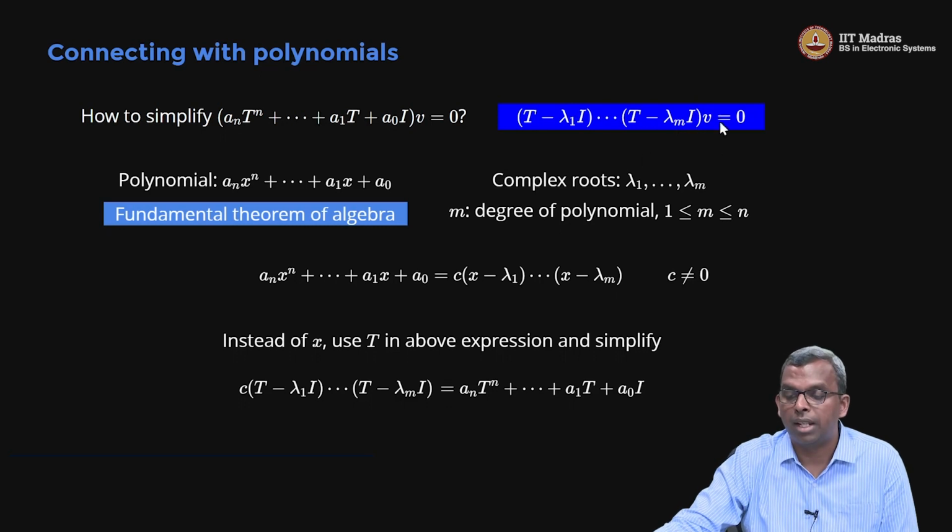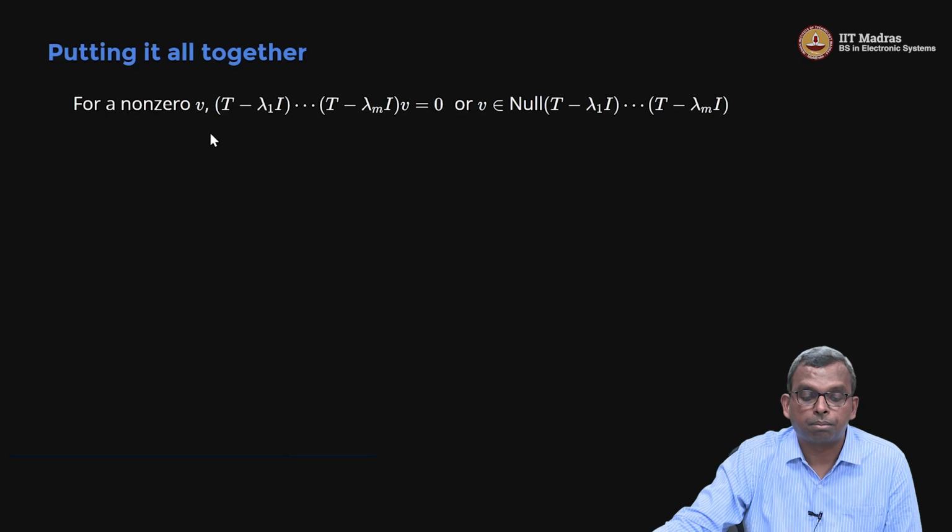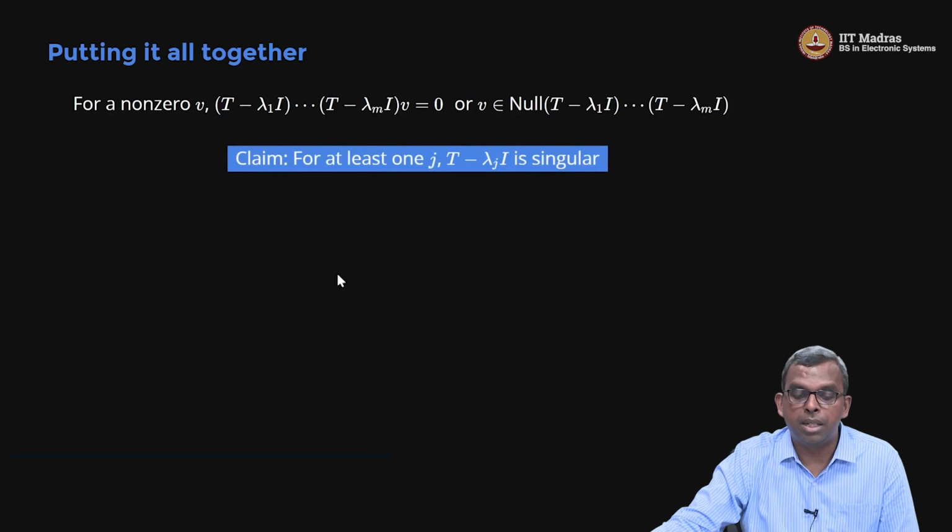Looking at that, in this form we can now use the null space property and come up with a very interesting result. For a non-zero v, when you put it all together, you are getting T minus lambda 1 I, dot dot dot, T minus lambda m I, applied to v equals 0, which means this v belongs to the null space of this product, which means for at least one j, T minus lambda j I has to be singular.